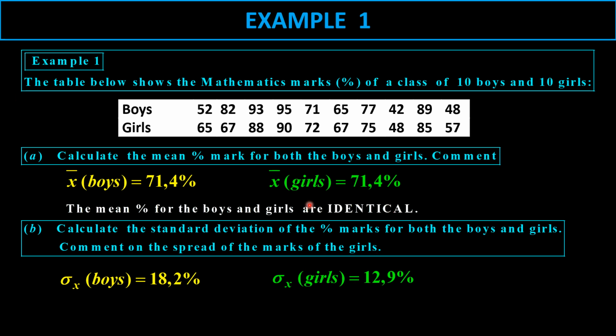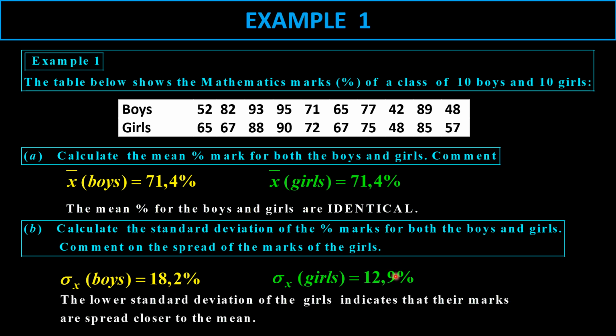Now we see they had the same mean, but their standard deviation is different. So the girls there, you can see, is lower than the boys. So the girls have a lower standard deviation. What does it mean if it's lower? It means that their marks, the marks of the girls, are much closer to the mean, where the marks for the boys are much more spread out, you know, it disperses more.